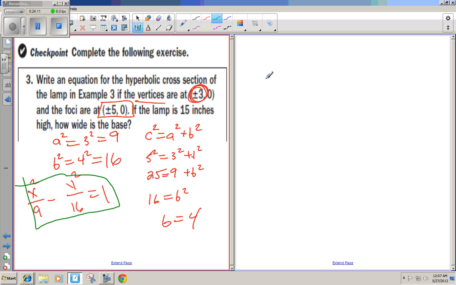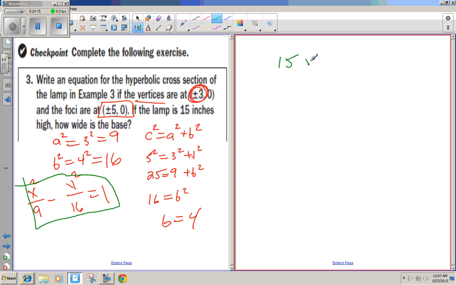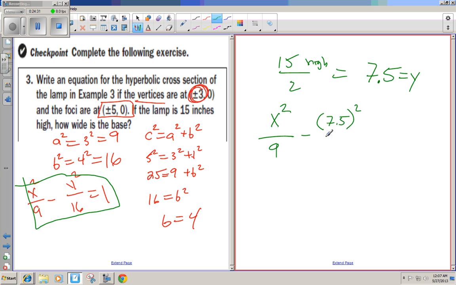Now it's saying, though, that the lamp is 15 inches high. So when we divide that by 2, we want to know when is the y value 7.5. So our equation, put in the desired y value.